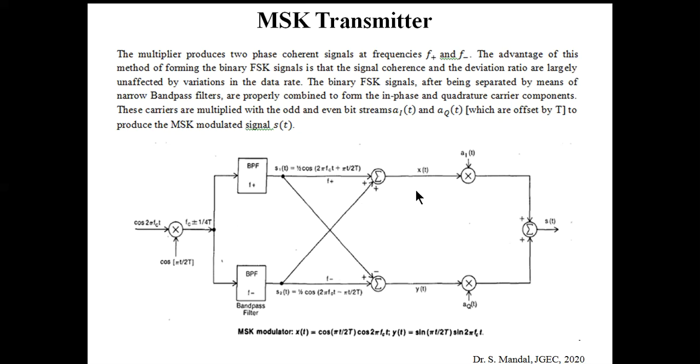If you use the corresponding trigonometric identity, x(t) becomes cos(pi t by 2T) into cos(2 pi fc t), and y(t) becomes sin(pi t by 2T) into sin(2 pi fc t). Now we multiply x(t) by AI(t), and we multiply AQ(t) by y(t). The corresponding outputs are added by using an adder, and the resulting output will be nothing but the MSK signal. Okay, so this is the simple block diagram for the MSK transmitter, or MSK modulator.